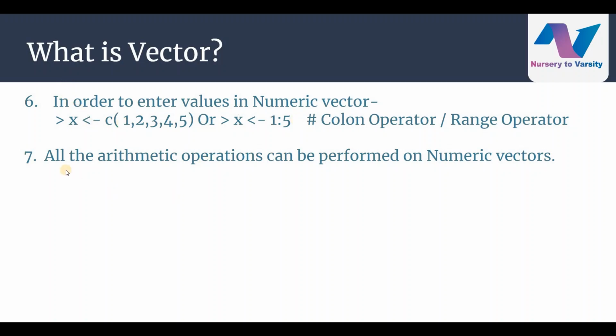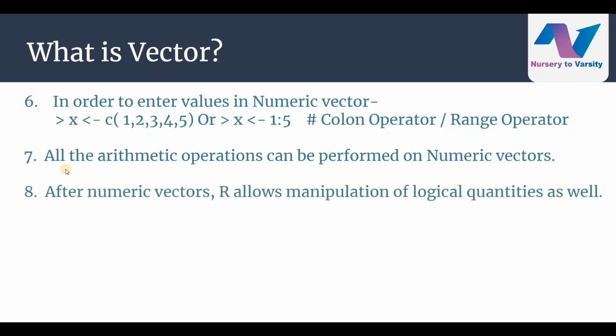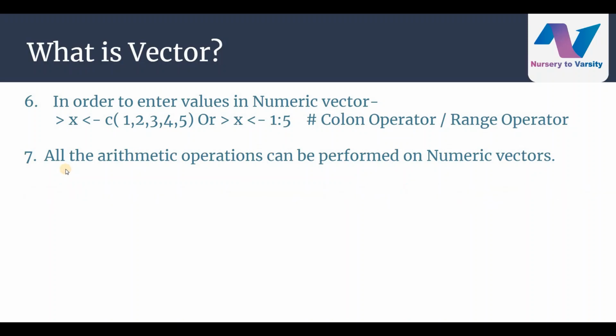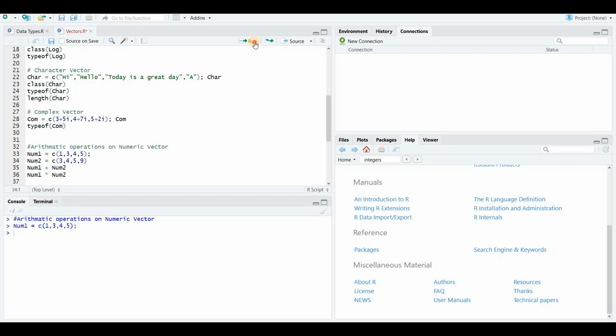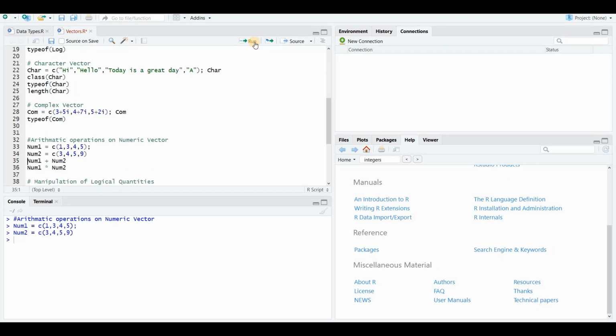Coming to the next point, all the arithmetic operations can be performed on a numeric vector. So let's have a look at how we can perform arithmetic operations on numeric vectors. I'm taking my vector num1 wherein we are storing some numeric values, and we are taking vector num2 wherein we are storing some other numeric values. Now we are performing the addition operation on the 2 vectors.